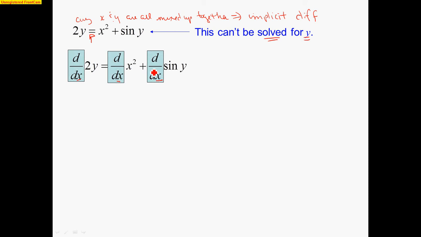Figure out where you need the chain rule. Where you need the chain rule is where the variables don't match. The derivative with respect to x of y, those don't match. I'm going to need the chain rule. The derivative with respect to x of x squared, no chain rule necessary here. The derivative with respect to x of y, those variables don't match. I'm going to need the chain rule.